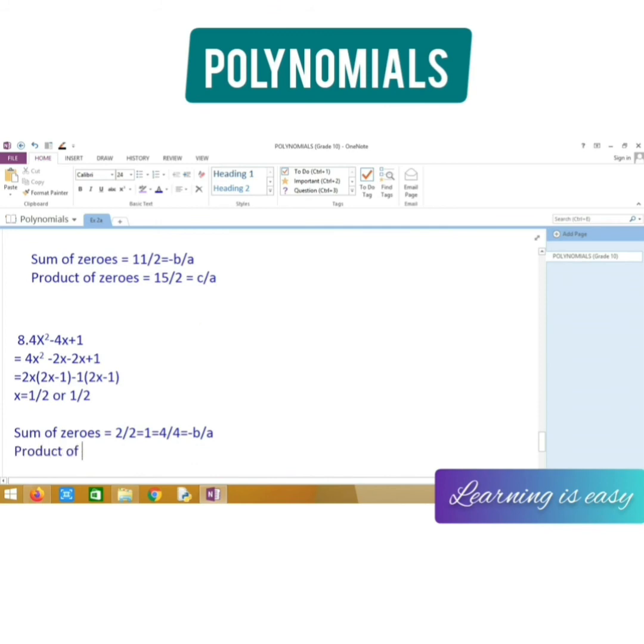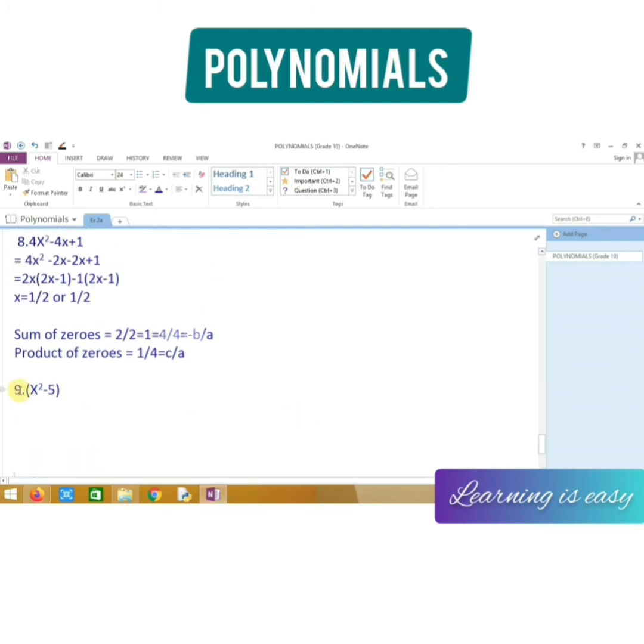Next product of zeros is going to be 1 by 2 into 1 by 2, which is 1 by 4. So value of constant is 1, which is of form c by a, and value of a is 4.